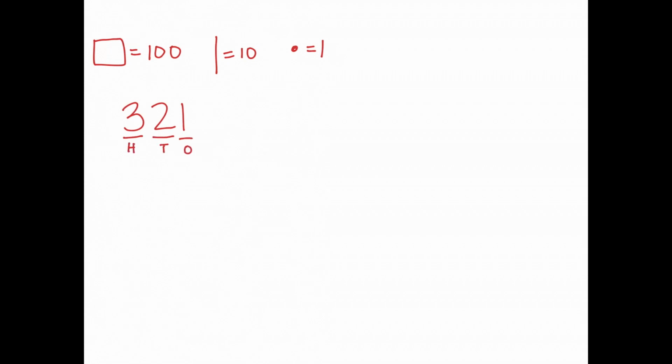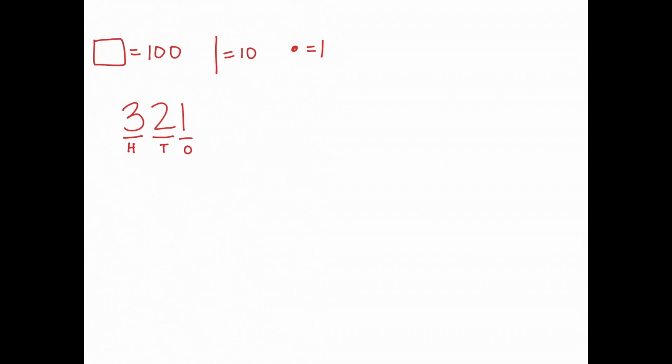Now, if you remember, we talked about how squares represent 100, sticks represent 10, and circles represent 1. We talked about looking at a number like, let's say, 321. And we saw the hundreds, the tens, and the ones in 321, and we represented that using a picture.